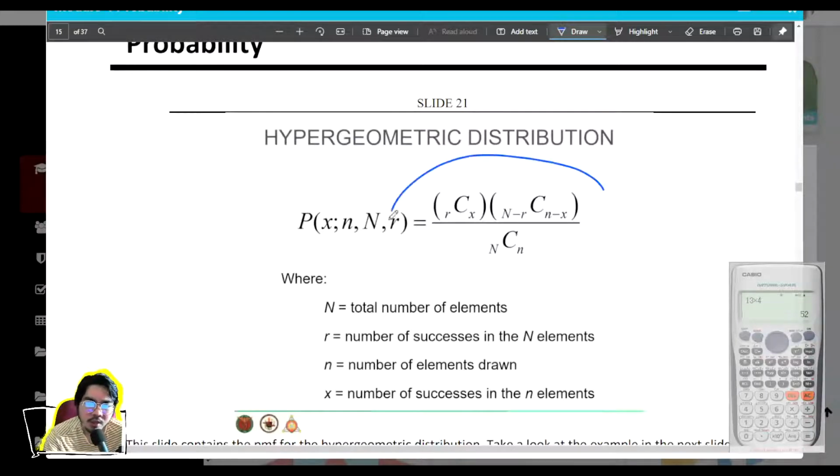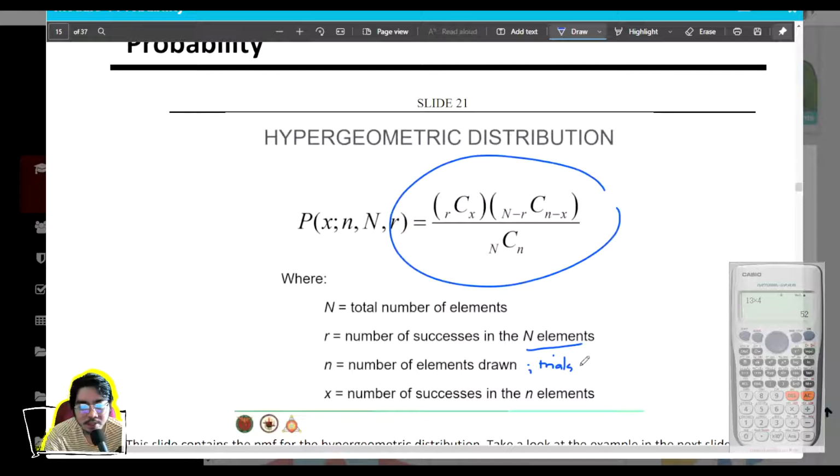So you can again also look into this formula, pero again, hindi na to natin ginagamit kasi usually sa Excel na tayo nagso-solve ng mga ito. So capital N is the total number of elements. R is the number of successes in those N elements. Tapos small n is the number of elements drawn, or we can also regard this as the trials.